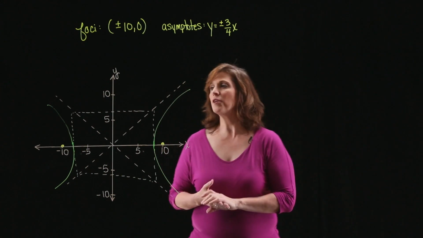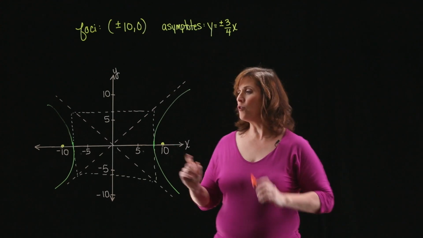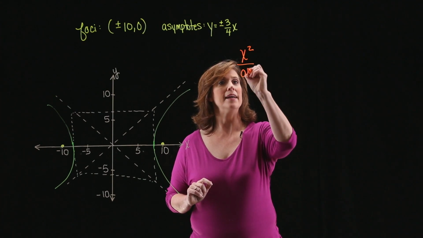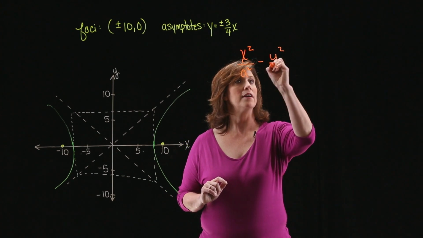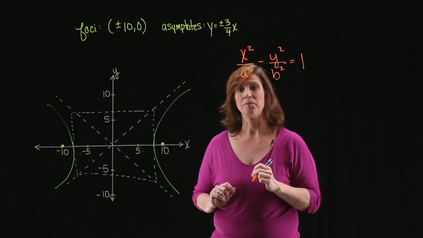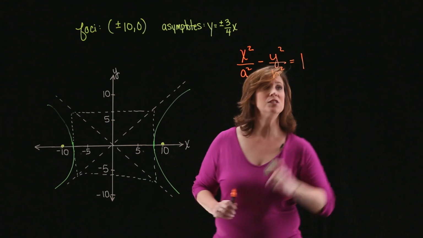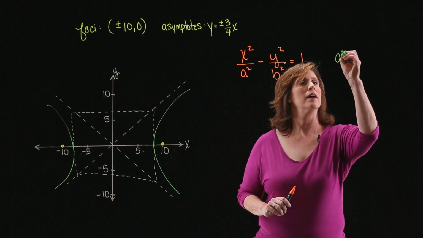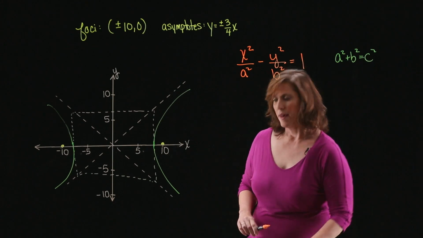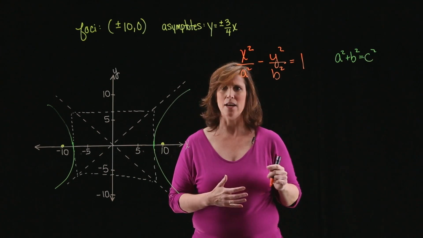Well, if I'm looking for the standard form of my hyperbola, I know that my form is going to have x squared divided by a squared minus y squared divided by b squared equals 1. And this is going to be true when a squared plus b squared equals c squared.